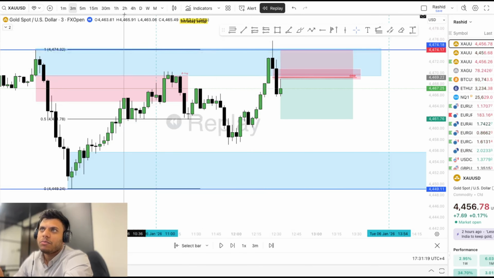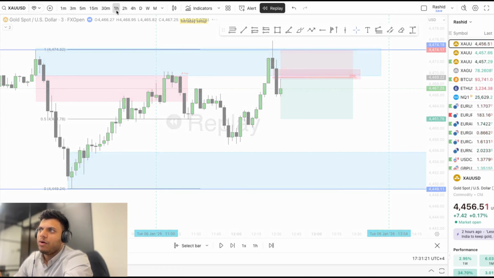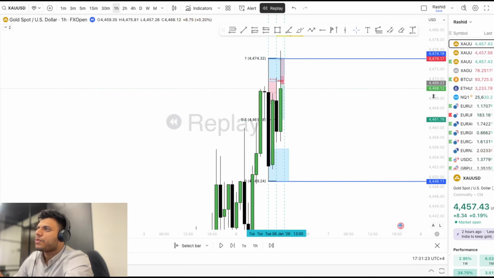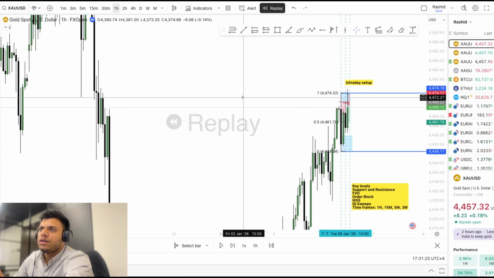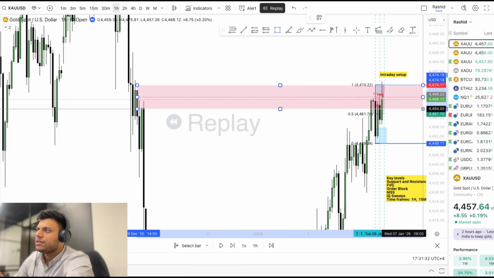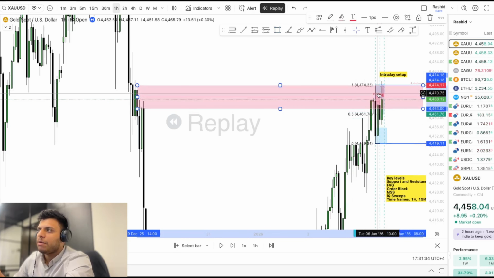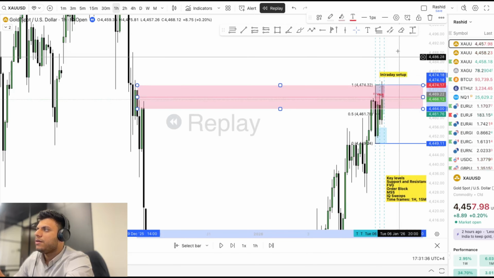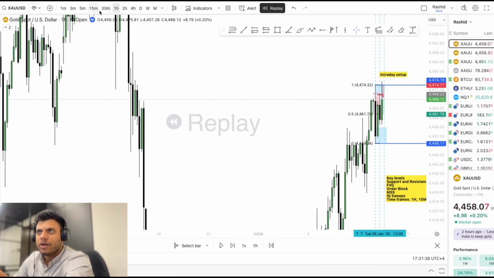This is coming from almost the 1 hour time frame, you can clearly see a bearish trend from here also, and from here this is coming, hit this level, grab this level, and coming from here. So align like this, if you are placing your trade with the higher time frame bias.